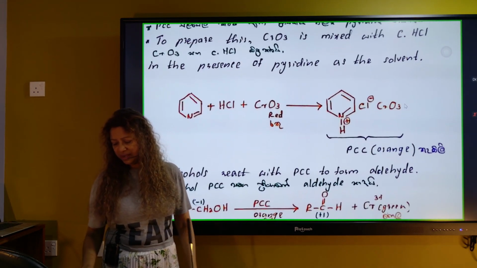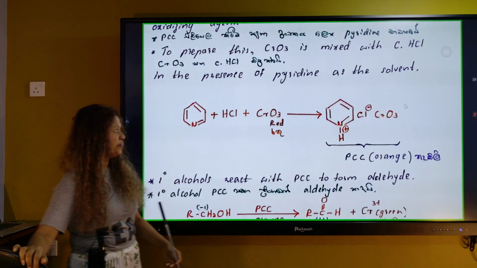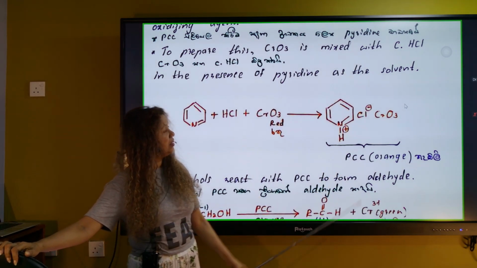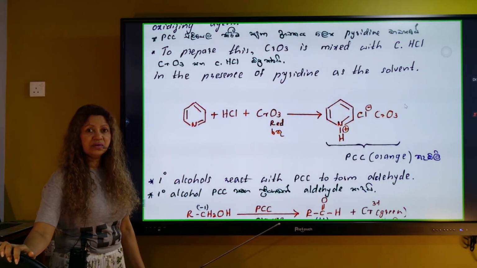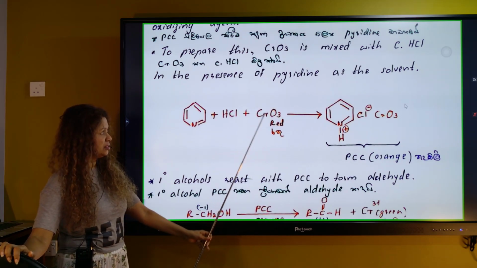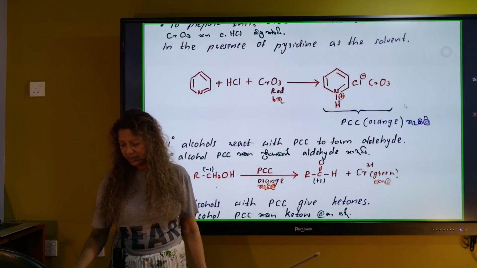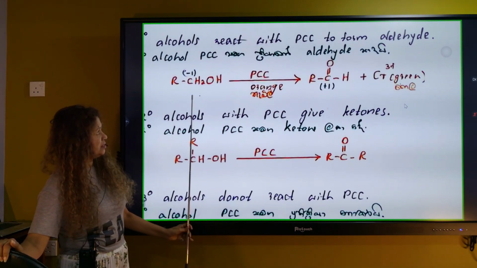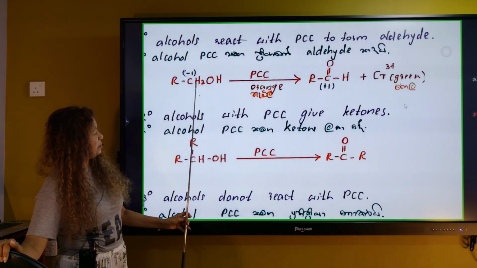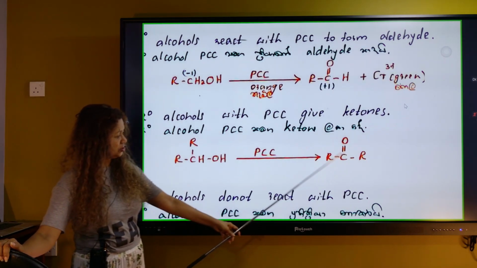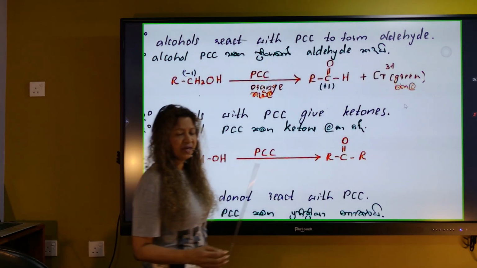And then CrO3. Mixing with pyridine as a medium and also acidifying the medium, we can make PCC, pyridinium chlorochromate. This controls the oxidation ability of CrO3, so PCC converts primary alcohols to aldehydes, secondary alcohols to ketones, and tertiary alcohols show no reaction.